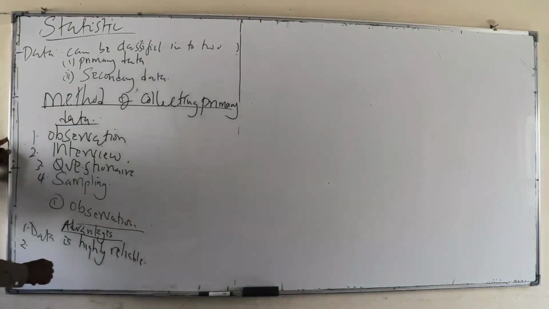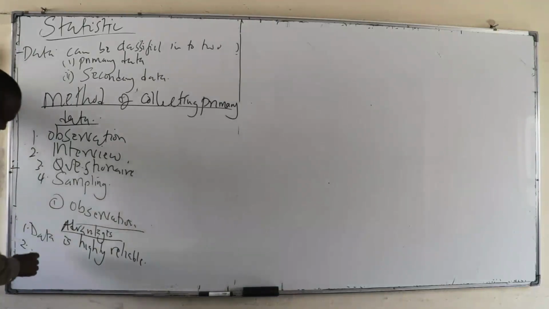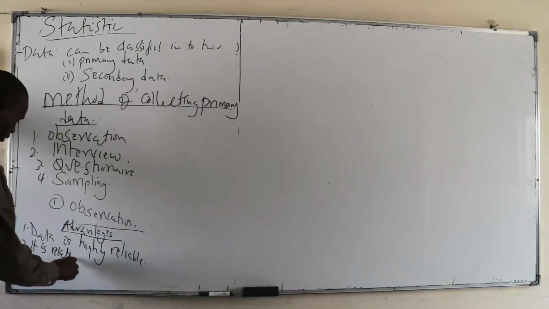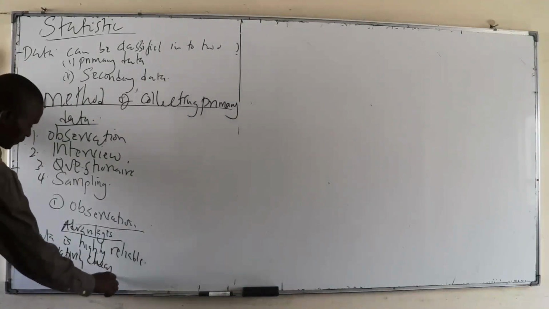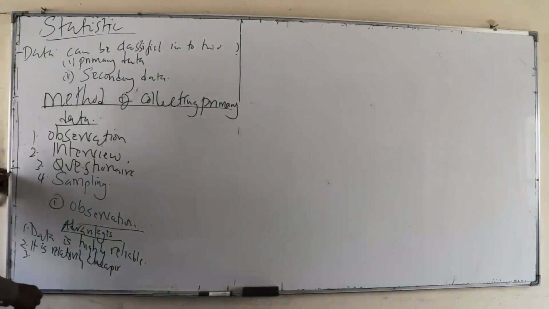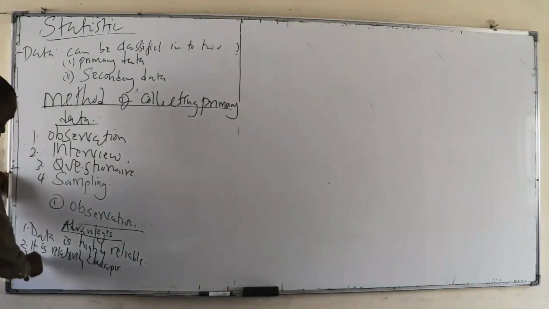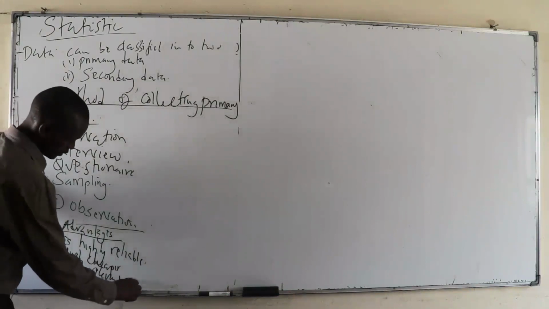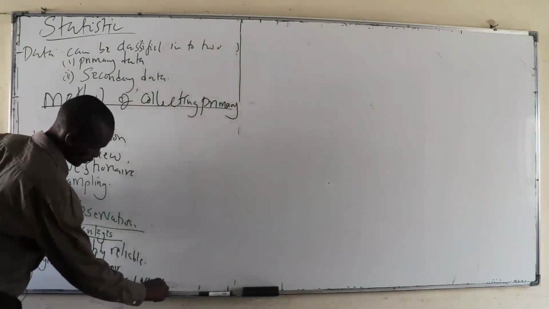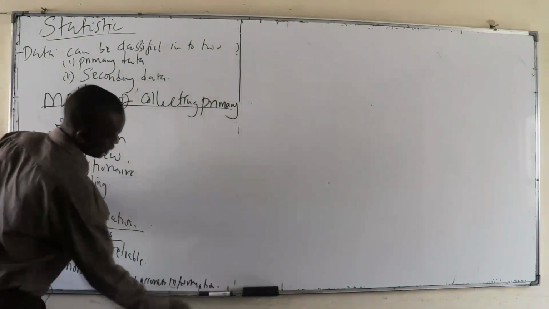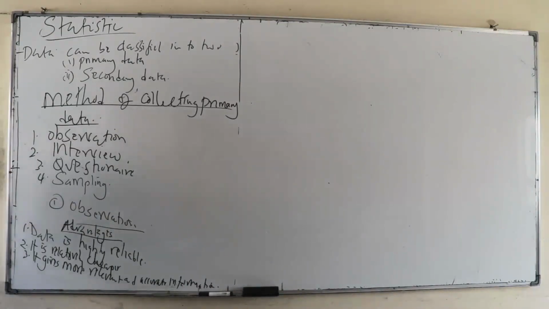Number 2, it is relatively cheaper. Number 3, it gives more relevant and accurate information.